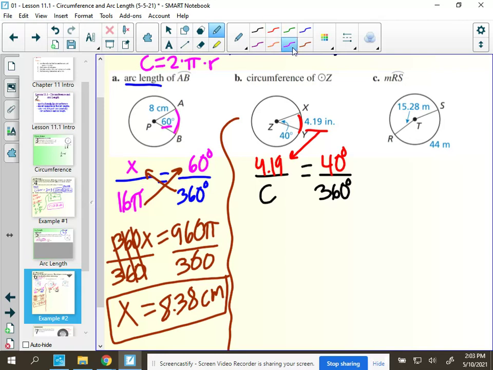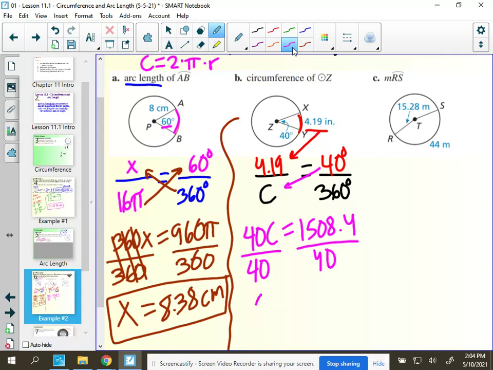If I cross multiply this way, 40 times c is 40c. I like that. 360 times 4.19, I'm getting 1508.4. And then we'll divide both sides by 40 to get C. I don't think it is exactly what?